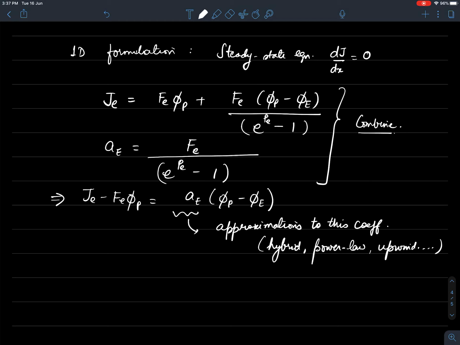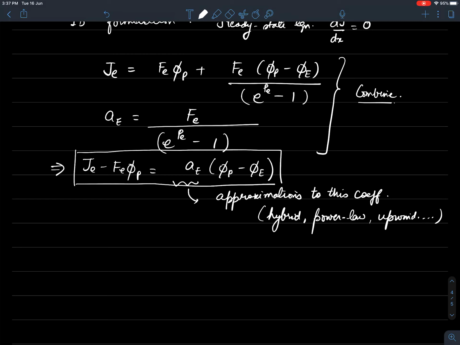So the reason I'm saying this is because now we know how to write Je minus Fe phi p in terms of the coefficient Ae and phi p and phi e as the nodal values.